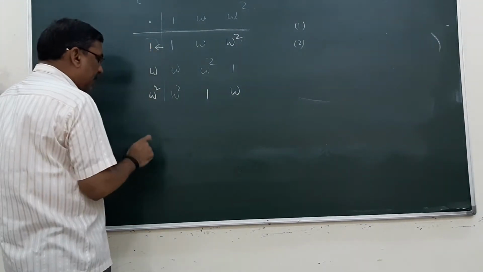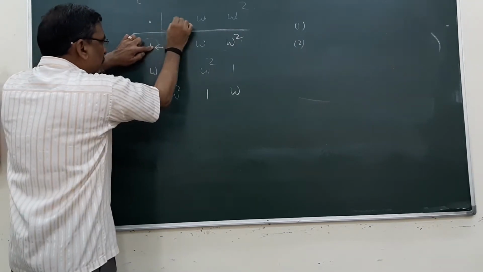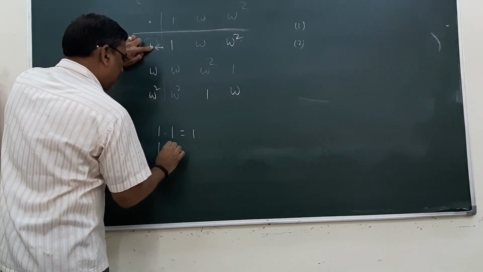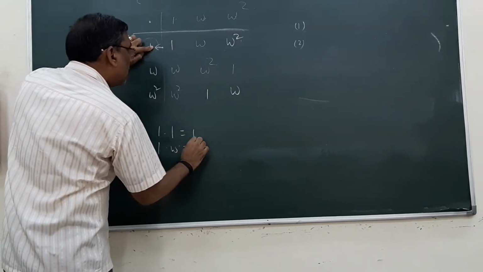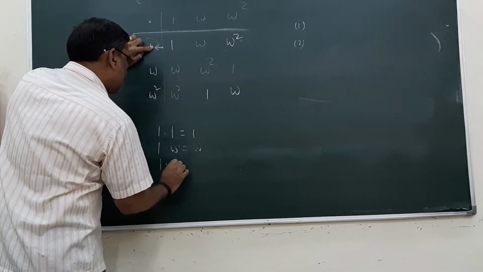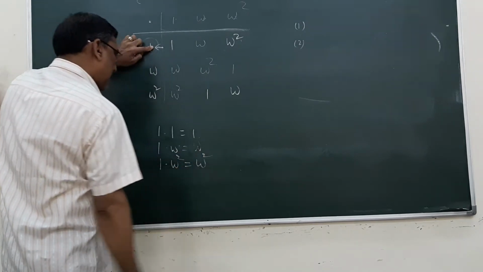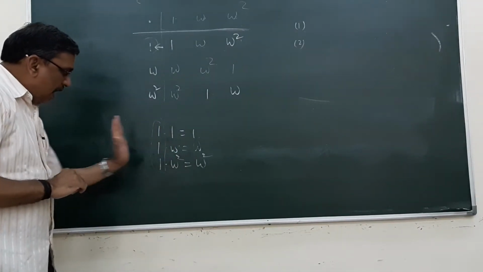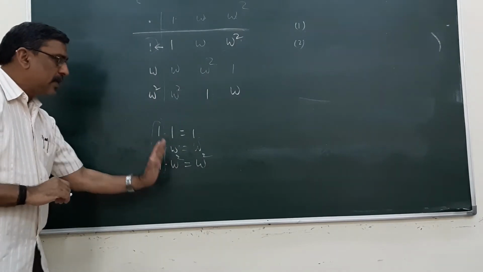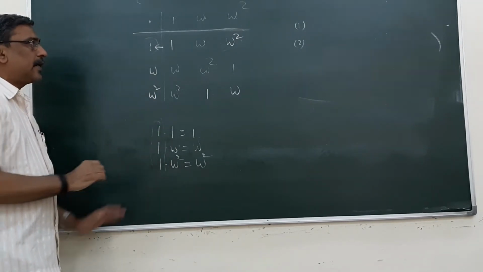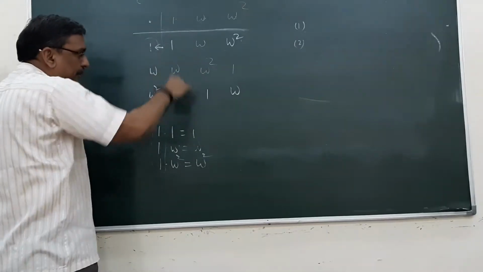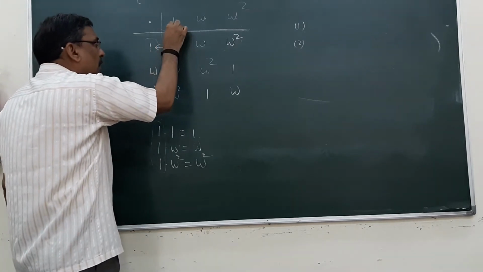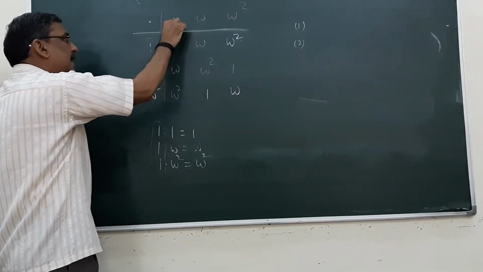Why is this the left identity? Since 1 multiplied by 1 is equal to 1, 1 multiplied by omega is equal to omega, and 1 multiplied by omega square is equal to omega square. This 1 lies towards the left side of the elements, therefore it is known as left identity. And if any column matches with this column, then the entry above the column is known as right identity.